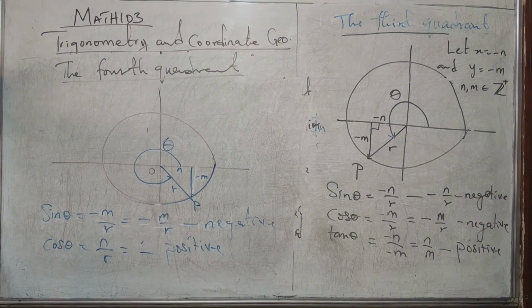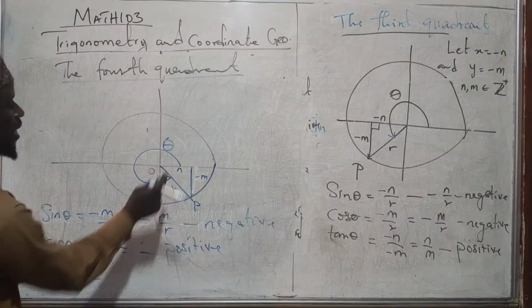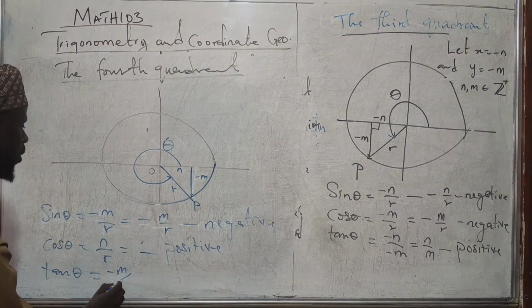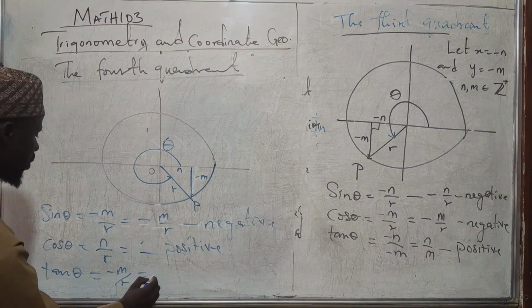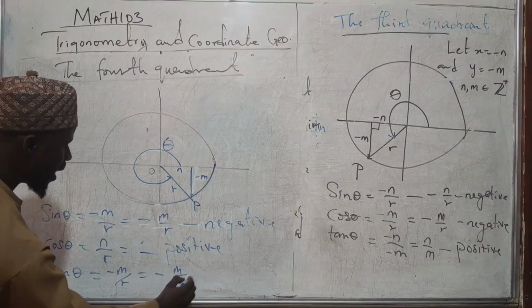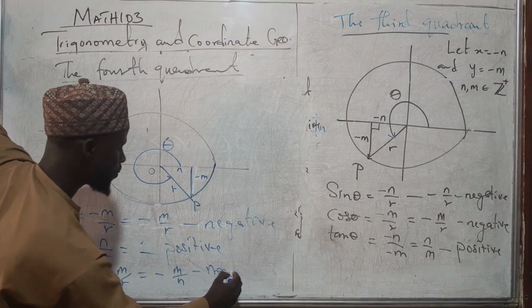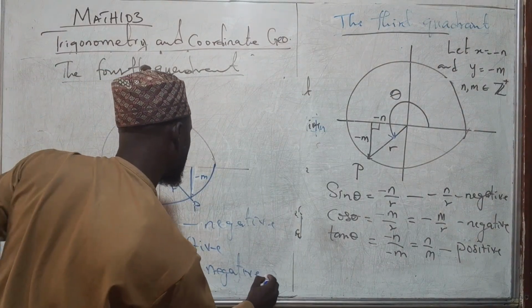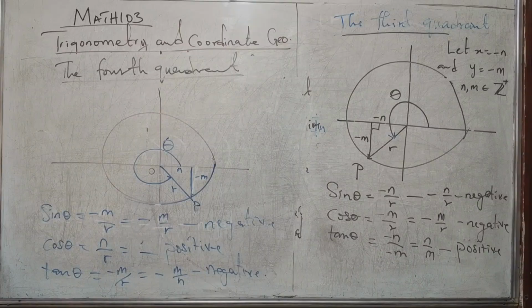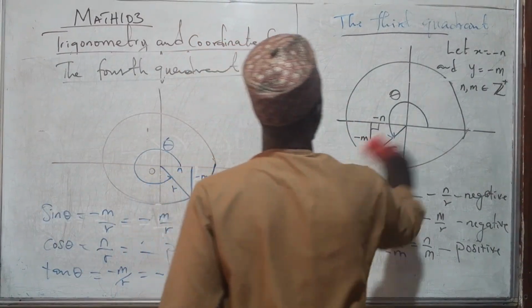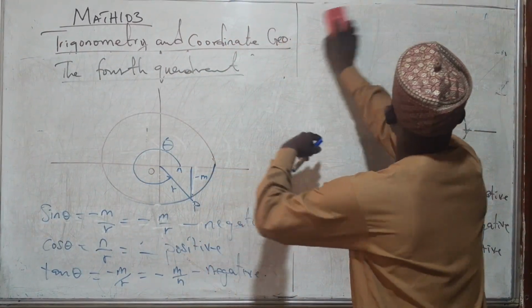So we have tan theta. Tan theta is opposite over adjacent, and that is minus m over n. But this is negative. And so we will have something like this.